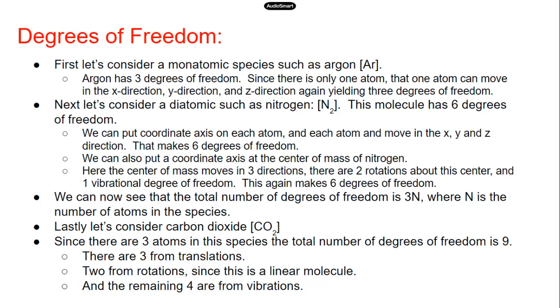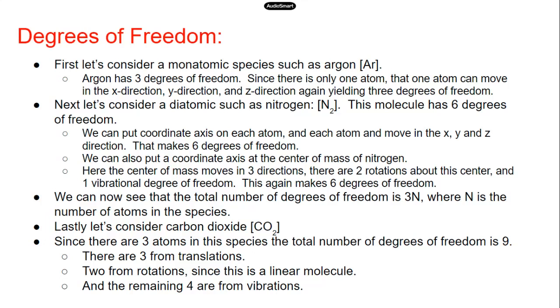But now let's change to a center of mass system. Let's put a center of mass between these two nitrogens. So how many ways can the center of mass move? Well, 3: x, y, z. So the coupled system, N2, one N atom and another N atom, can move in the x direction, in the y direction, in the z direction.